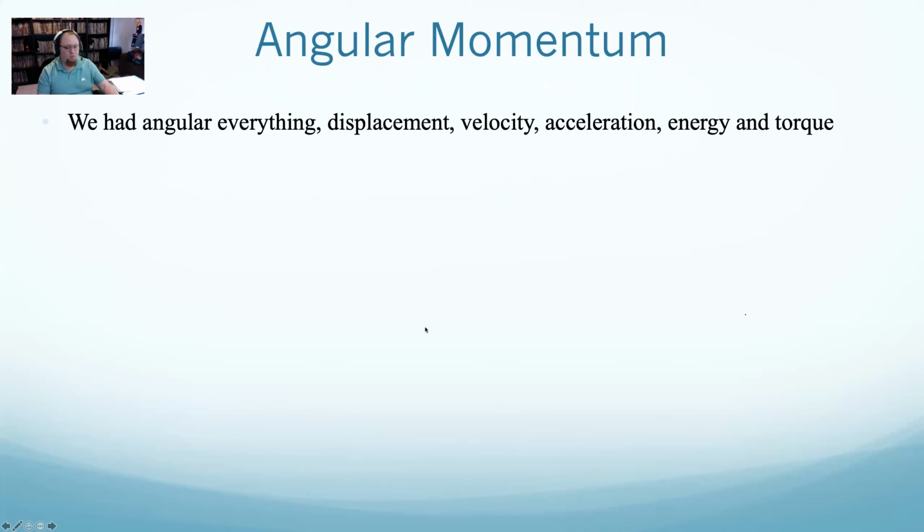Then we did torque, which is basically angular forces. Then we did angular energy, or rotational kinetic energy. I haven't touched on momentum again yet. We did momentum in chapter 6, but we haven't talked about what momentum means when something is spinning. So let's look at momentum, or angular momentum.